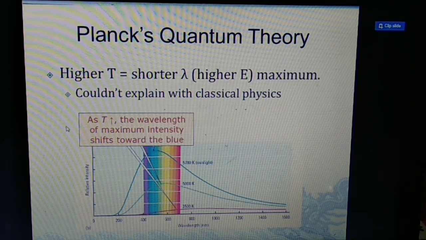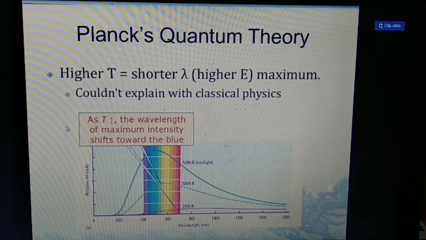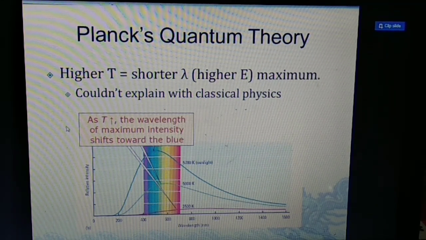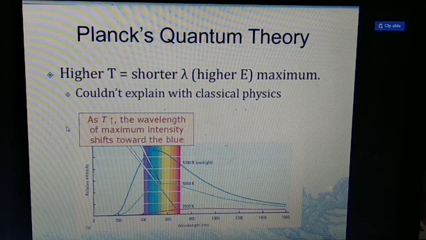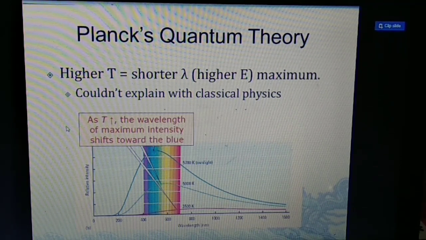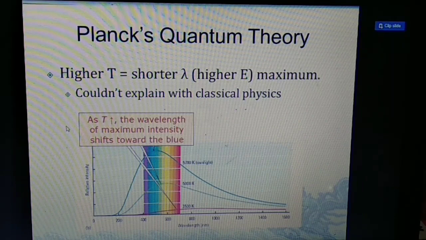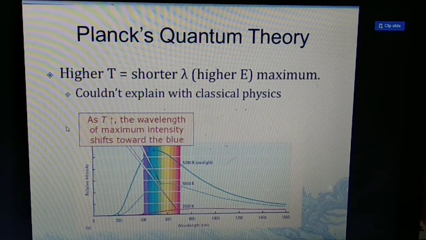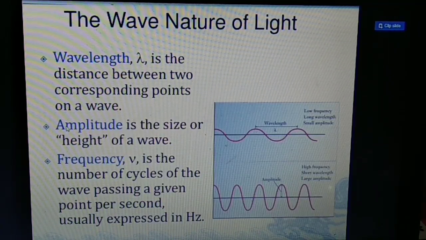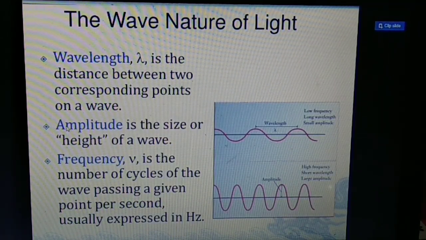And today the last thing I am discussing here is Planck's quantum theory. Planck's quantum theory, students, you have seen wavelength, lambda, and frequency, nu.